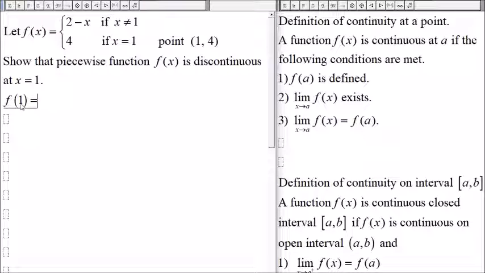So f of 1 means x is equal to 1. What is y? When x is 1, y is 4.